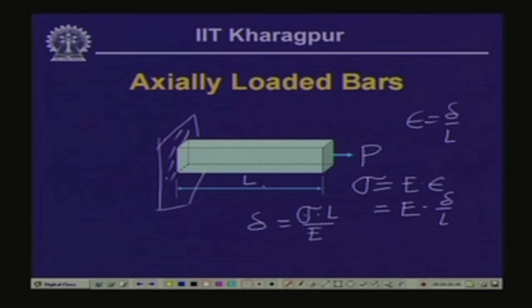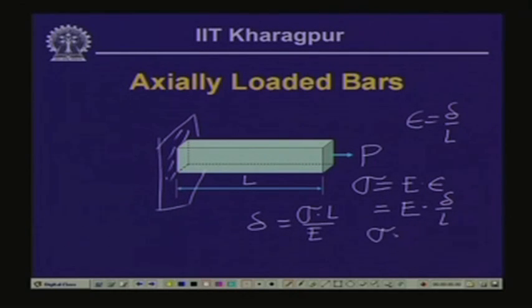And as we know that this is a bar which is axially loaded, the load is acting through the axis of the bar at any cross section, the normal stress sigma is equals to P divided by the cross sectional area.